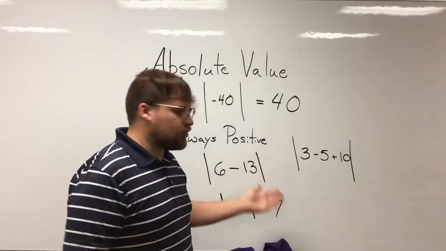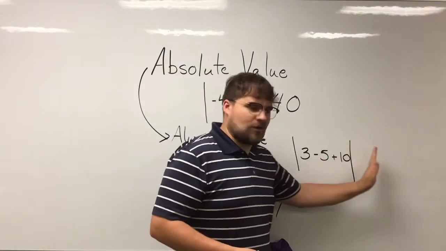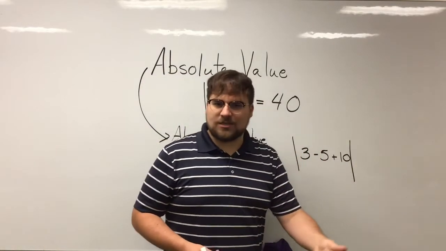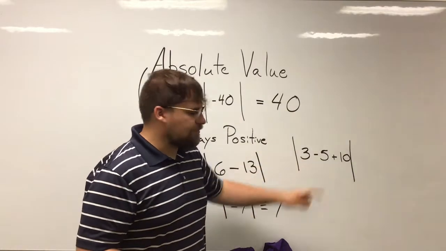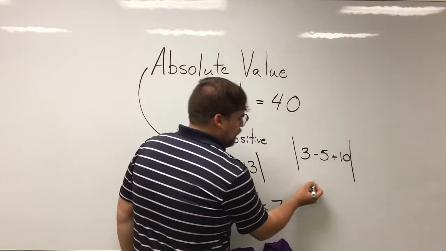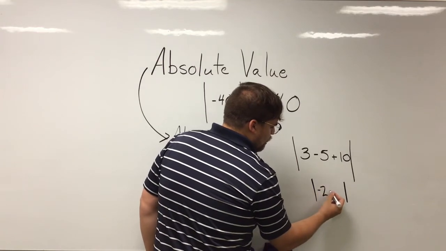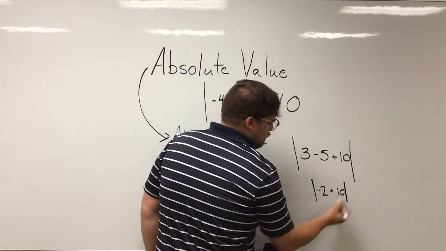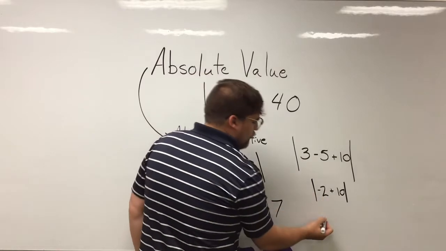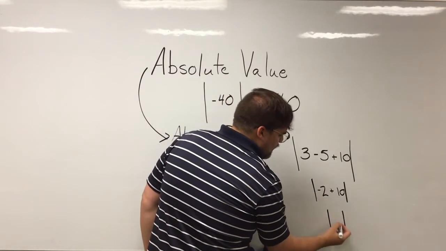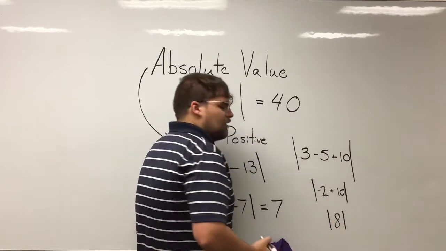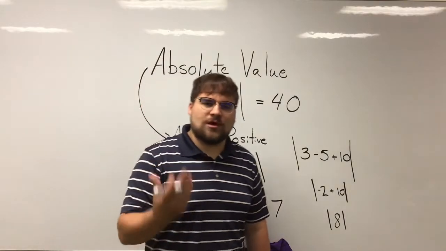We only have addition and subtraction, so we're going to work left to right, just solving it one step at a time. 3 minus 5 is going to get us negative 2. So now we have negative 2 plus 10. Negative 2 plus 10 is 8. So we're left with the absolute value of 8.